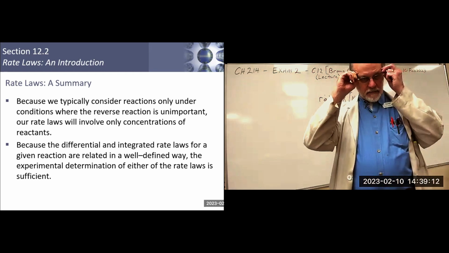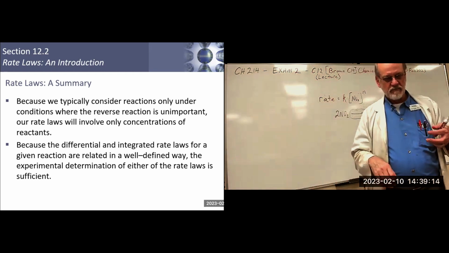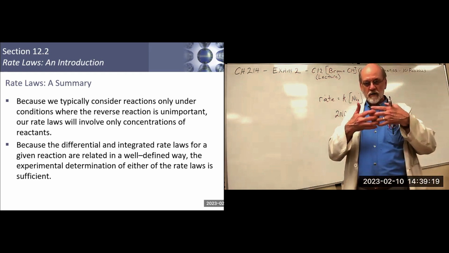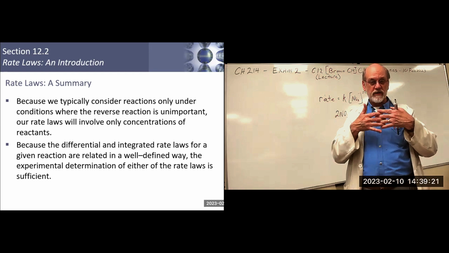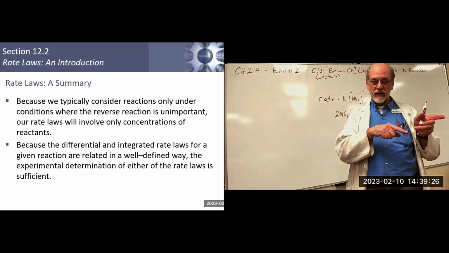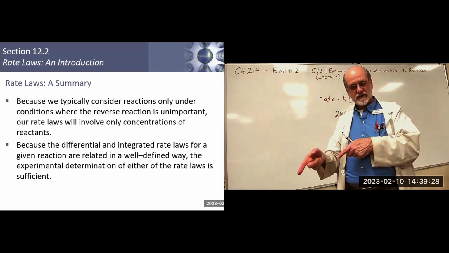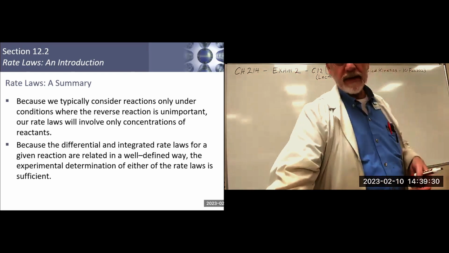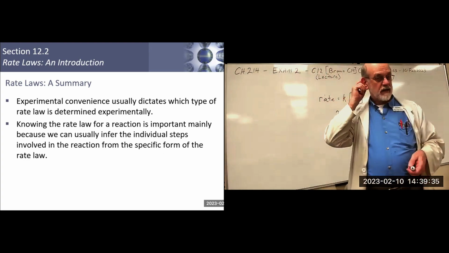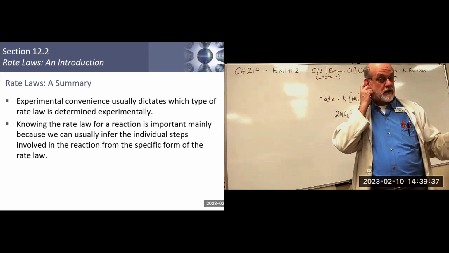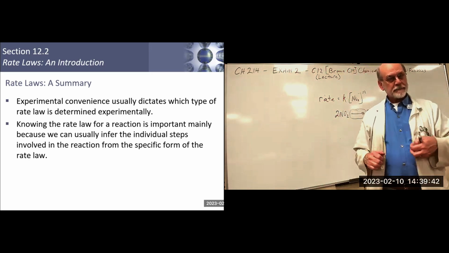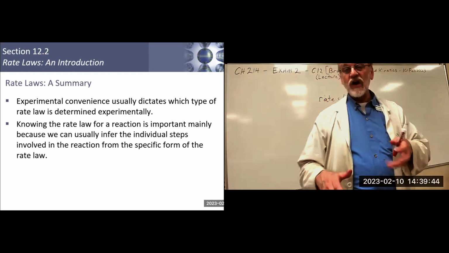And then, since the differential rate law and the integrated rate law are well defined and related to one another, all we have to do is determine one, and we can infer the other by mathematical means. And which one you use is determined by convenience, experimental convenience. Some are easier to get at than others.